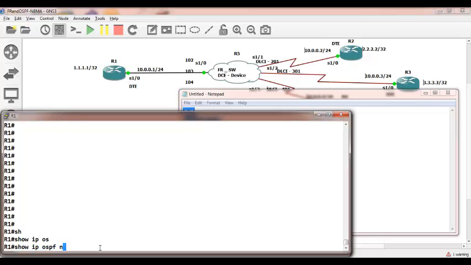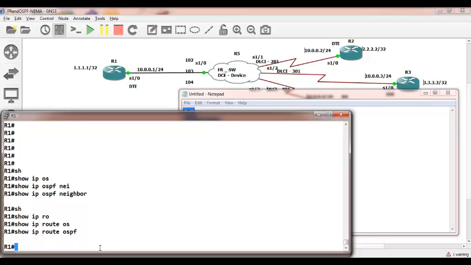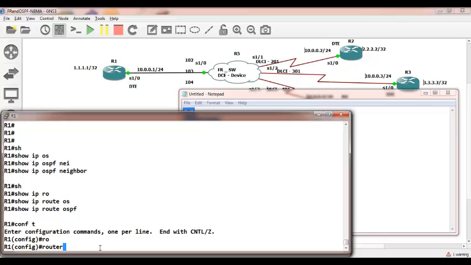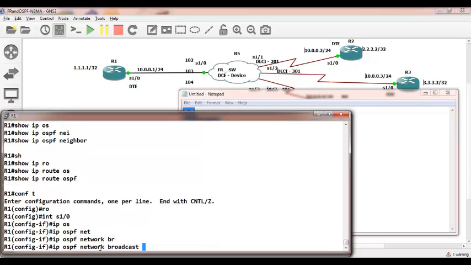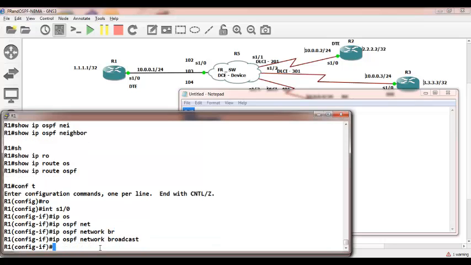Show IP route OSPF, nothing. Now you see, is it a non-broadcast environment? Yes, but I'm going to say, under interface serial 1/0, IP OSPF network type broadcast. I'm telling OSPF to just assume and bring me a broadcast experience.